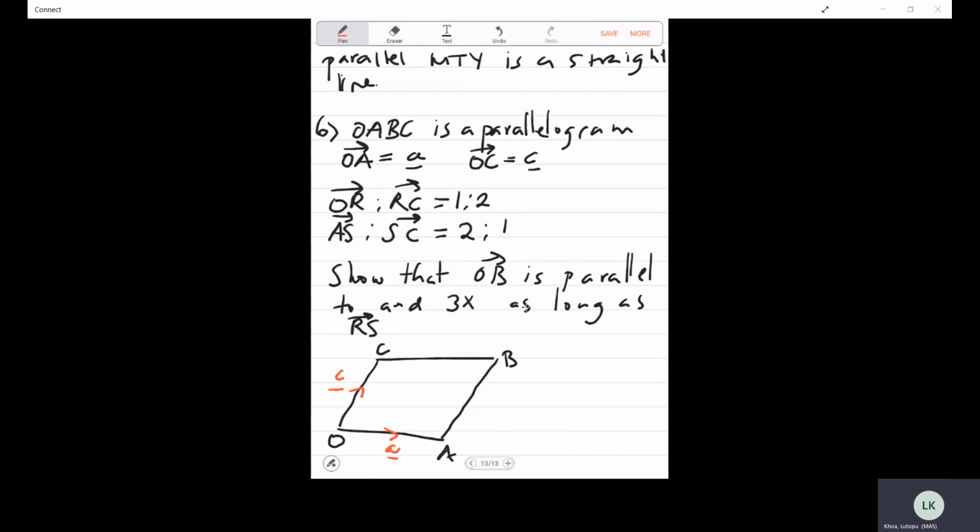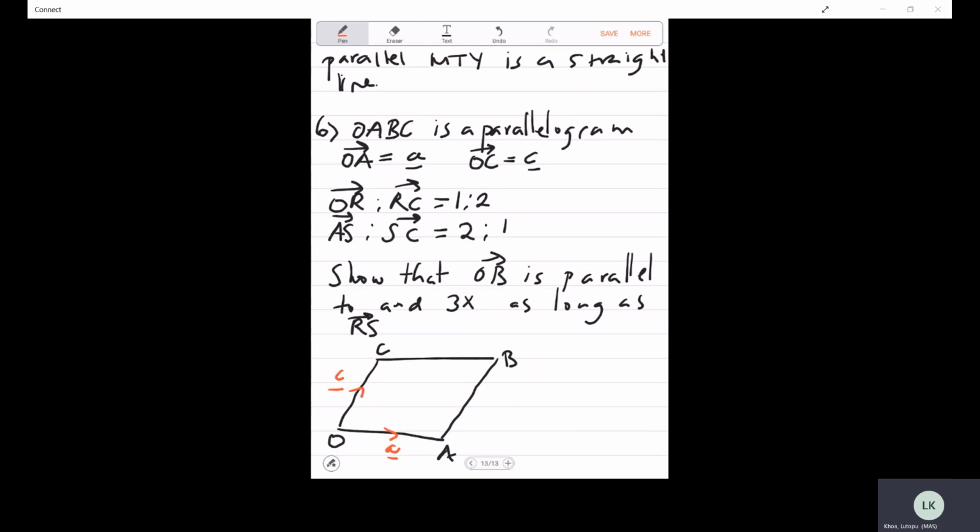And then we are told we have a point R on OC. So the point, let me put it somewhere here, this point here, R, and we are told that it divides the line OC in the ratio 1 to 2.